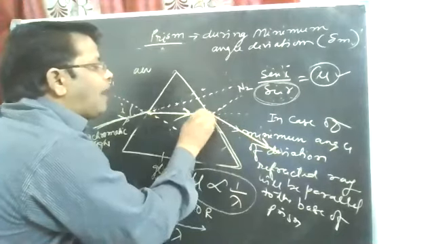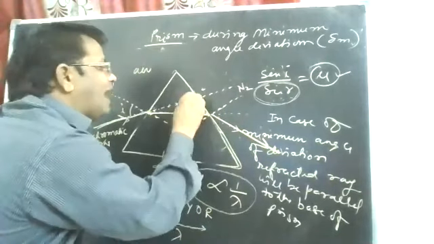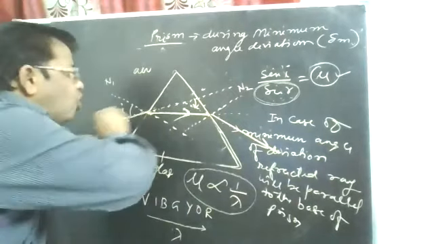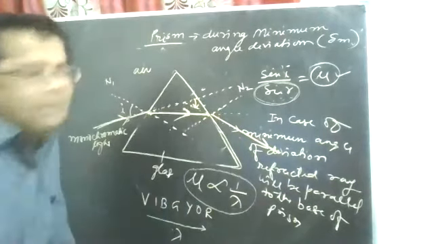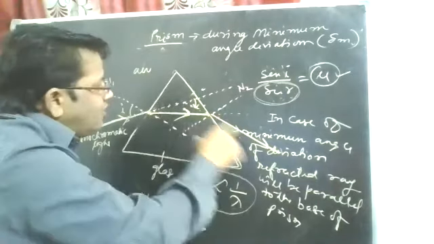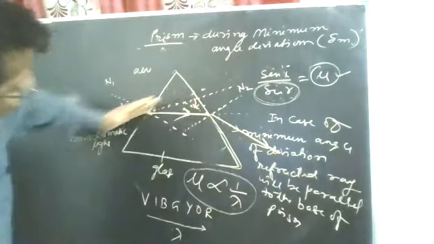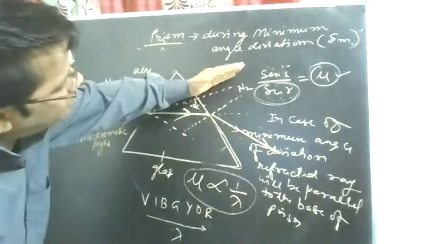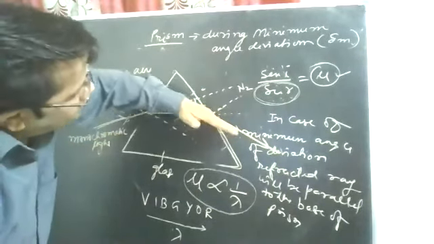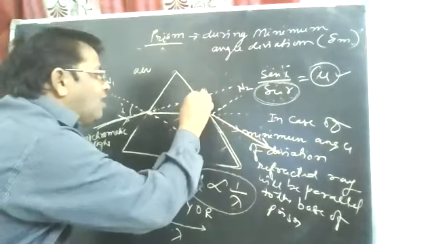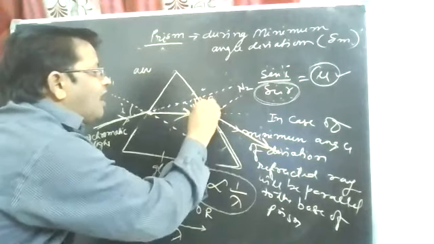Now if you produce it backward, you can say that this is the angle of deviation. This light should go straight, but when you place a prism in its path, the light gets deviated. This is the original path, but after passing through the prism it gets deviated by this angle. This angle is called the angle of deviation, delta.